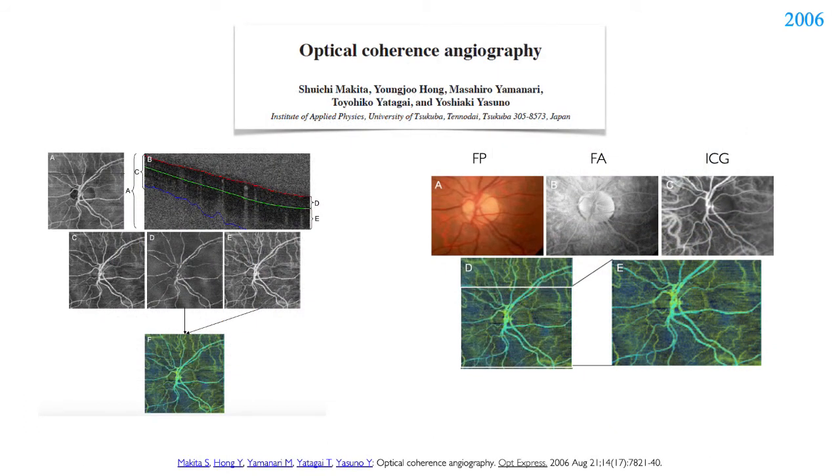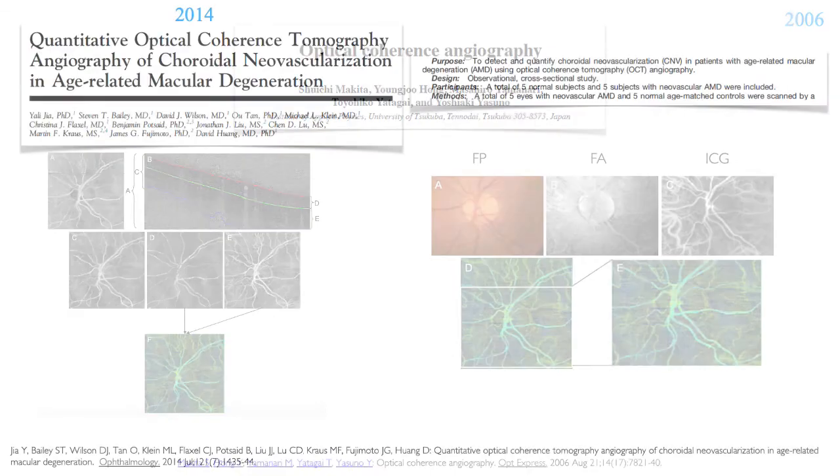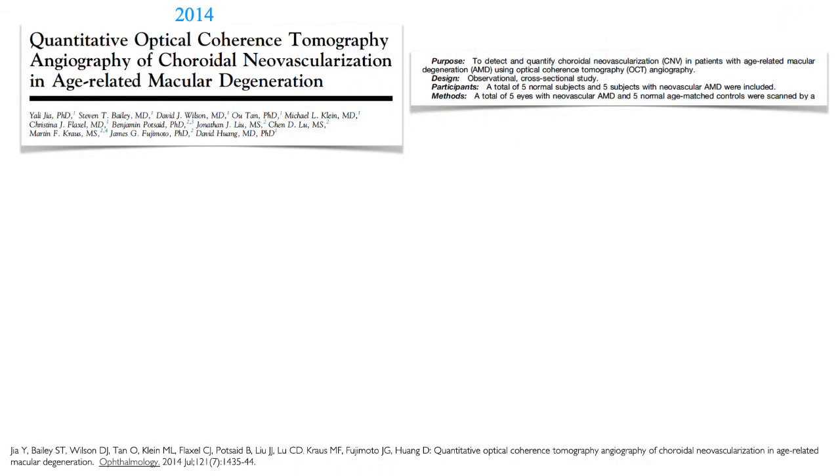But in 2006 a completely different algorithm, but the first demonstration of visualization of vasculature in the human eye, was also proposed, and we can see from this image the retinal layer was segmented and the vascular structure of the retina and choriocapillaris was displayed in the MFAS images. So the MFAS mode of the OCT was introduced.